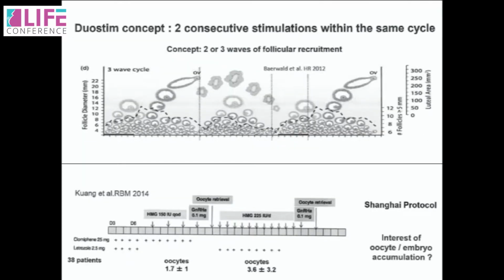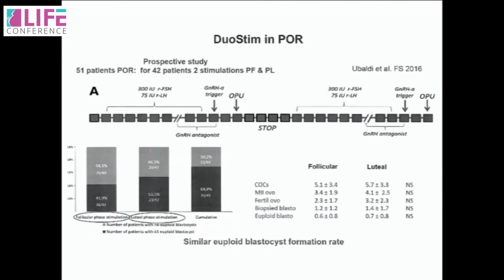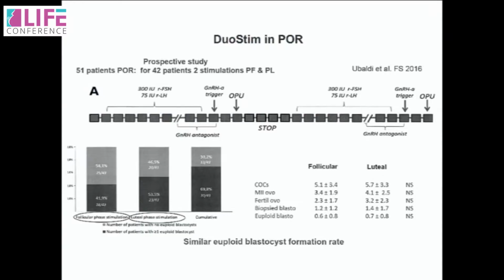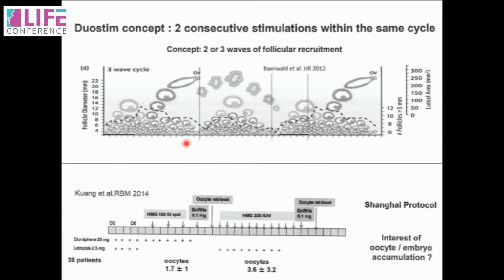And I will go on to show an example of this double stimulation, which depends actually on a number of waves of follicular recruitment in a cycle. So you can see, and this is by Baerwald in 2012, this is one menstrual cycle, up to here.